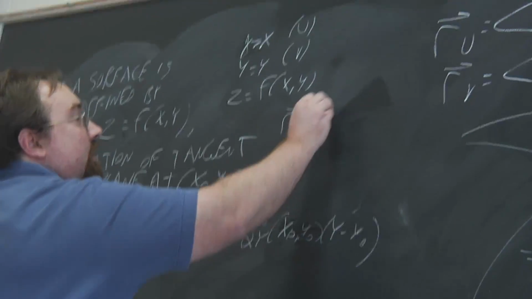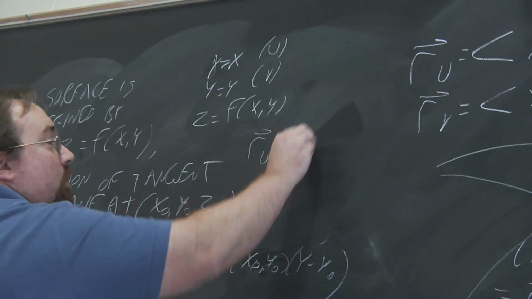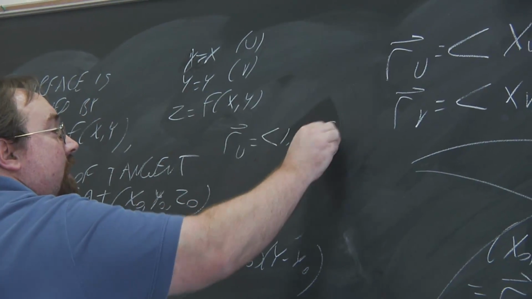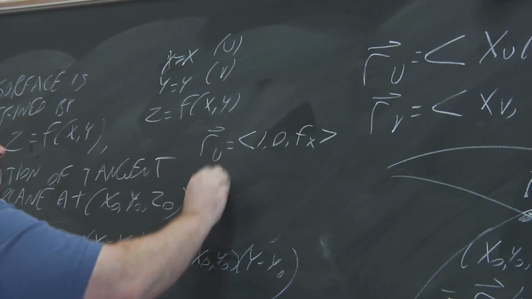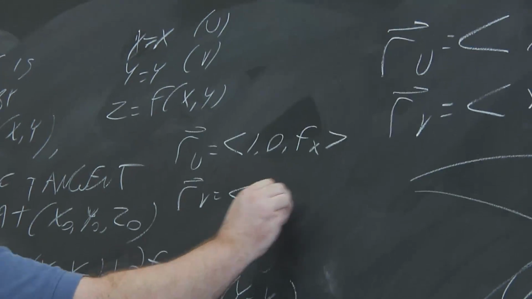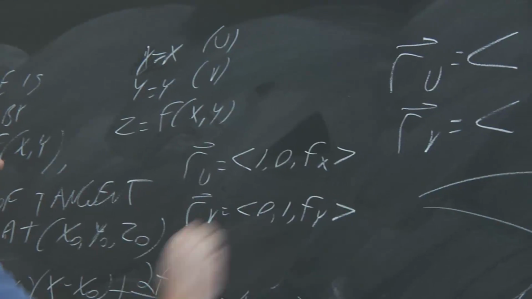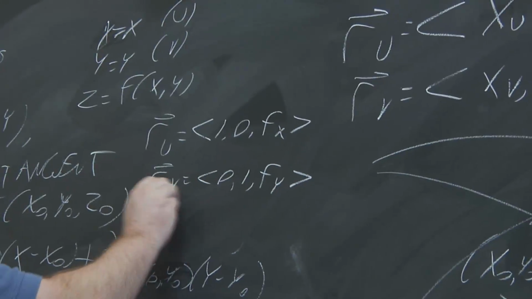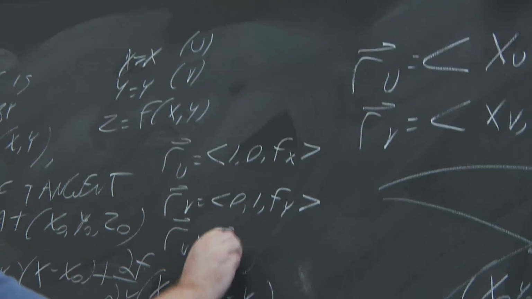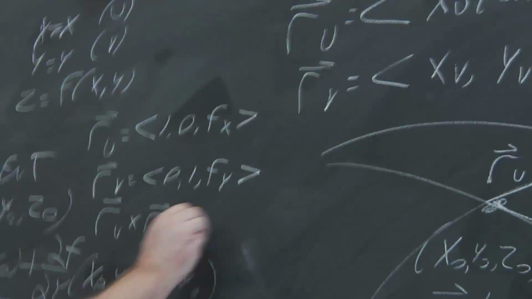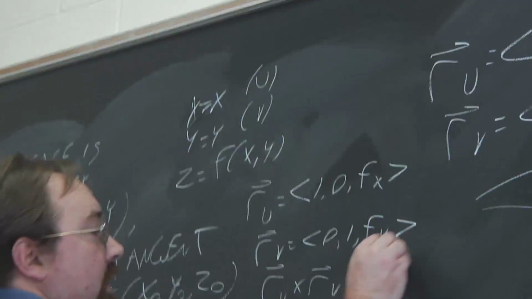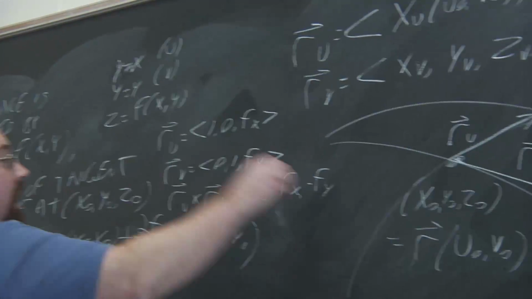RU in this case is going to be 1, 0, fx. RV is going to be 0, 1, fy. And then the cross product, RU cross RV, is going to be minus fx, minus fy, and 1.